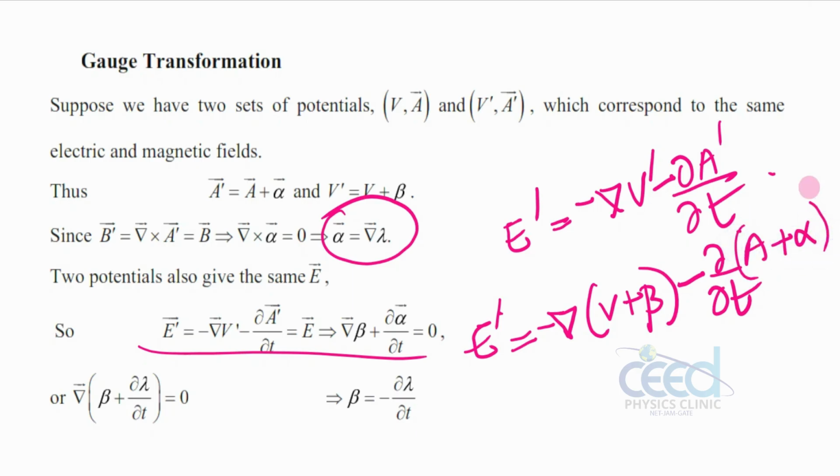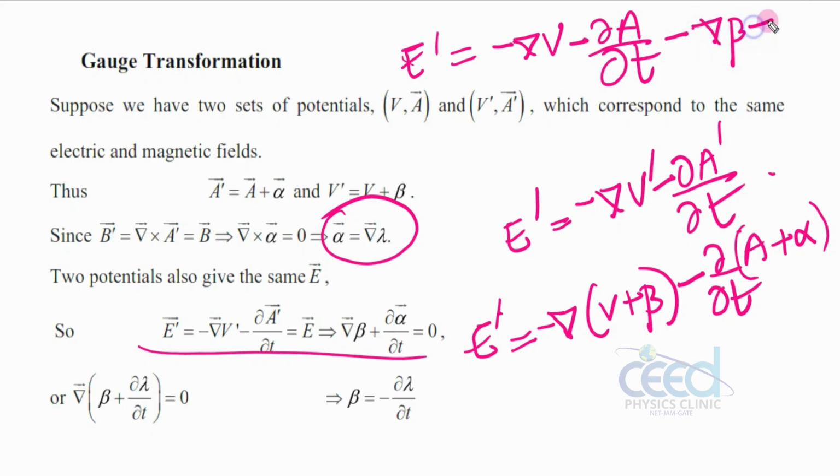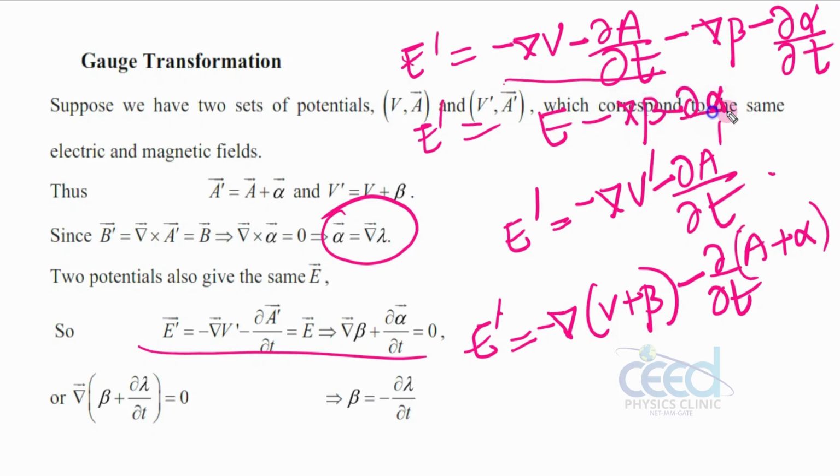So we can write E dash is equal to minus del V minus dou A by dou t, minus del beta minus dou alpha by dou t. This is our E: E minus del beta minus dou alpha by dou t, right?